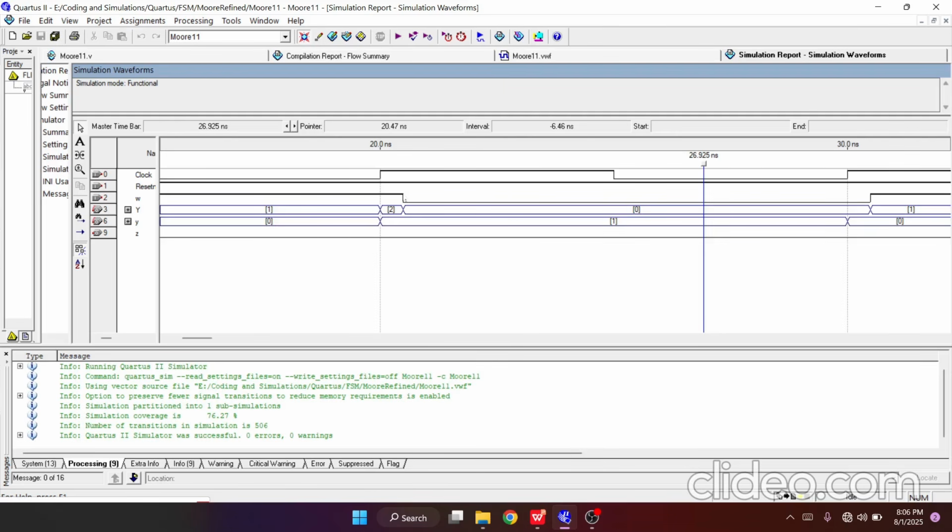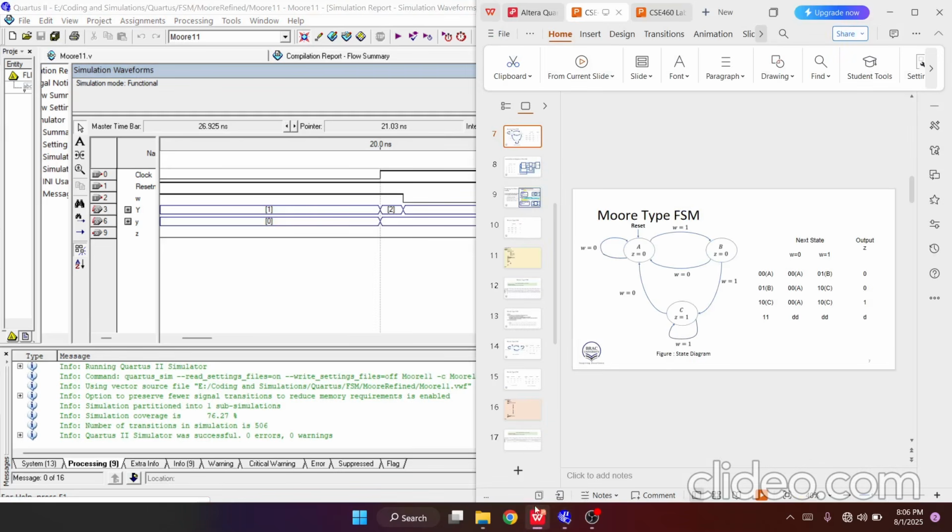After 20.47 nanosecond, the W value is still high, and you are in present state small y equal 1, which means B. While being in B state, if you get W equal 1, you should go to C state.